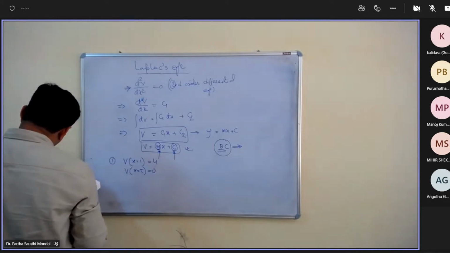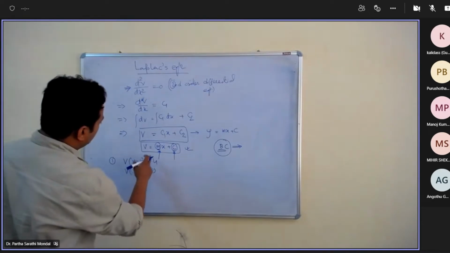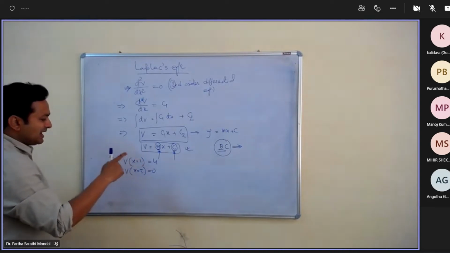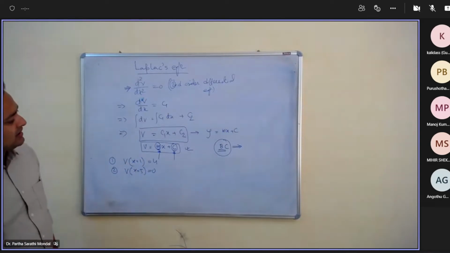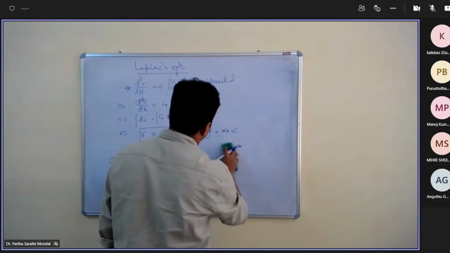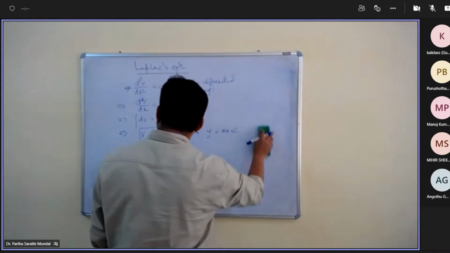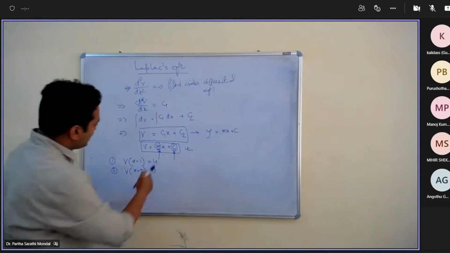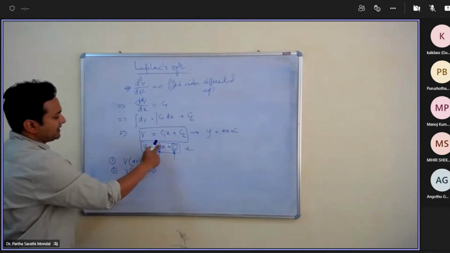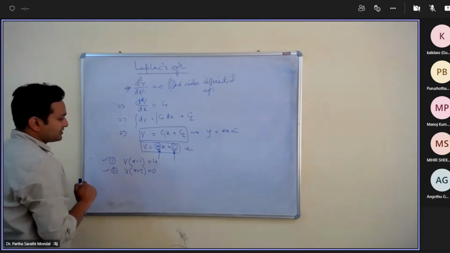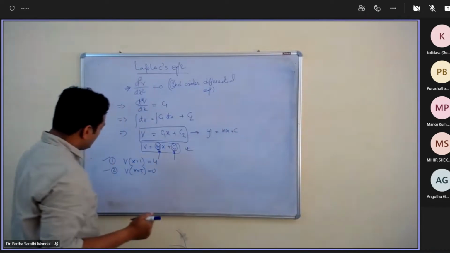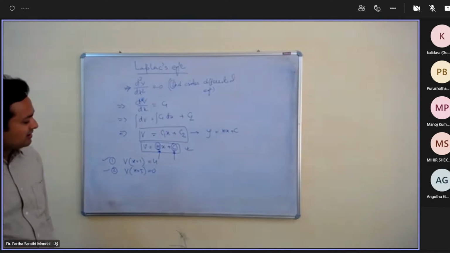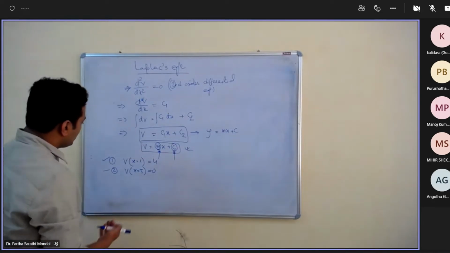So these are the two boundary conditions. मैंने define नहीं किया what is the volume, what's the surface. So mathematically मैंने बता ही दिया कि this is the boundary condition. See, you have two arbitrary constants and two boundary conditions. So it will follow the same rule: two variables, two equations, so you will get a unique solution.